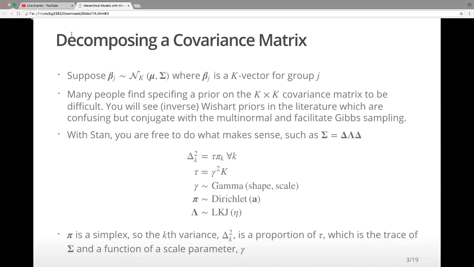And so that is what most people gravitate toward. But at the same time, for people who want to change this stuff, it's relatively easy to do, and it's easier to think about the proportion of variance separately from the total amount of variance over all the things that you're saying vary from group to group.